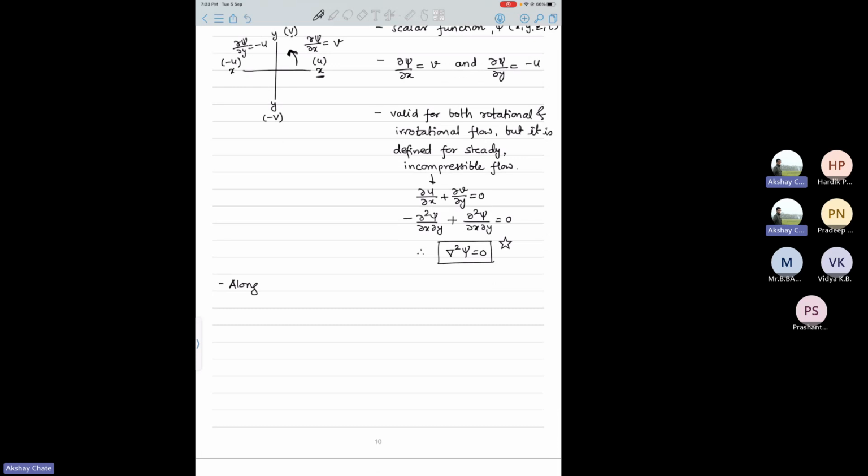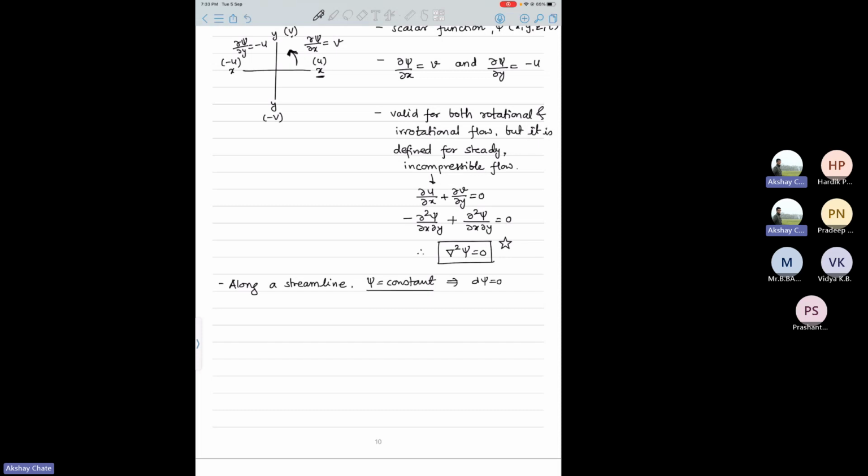And another finding relevant to the stream function is that along a streamline, psi will be constant, which again means d psi will be 0. This is an important thing to remember.